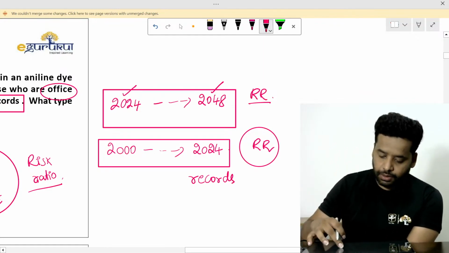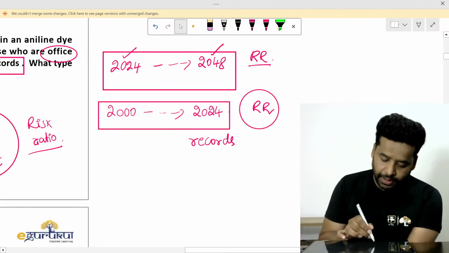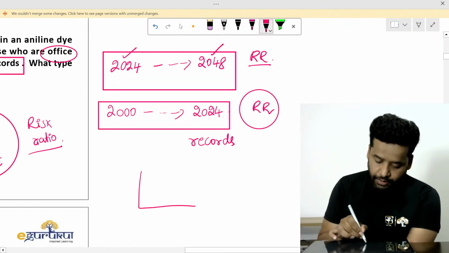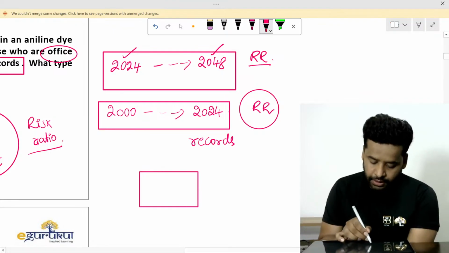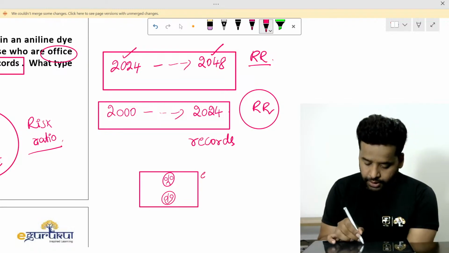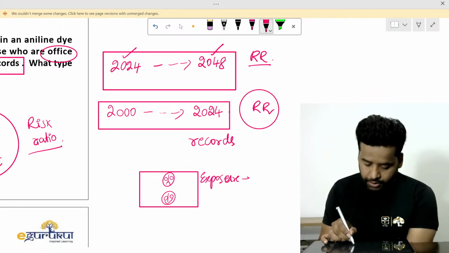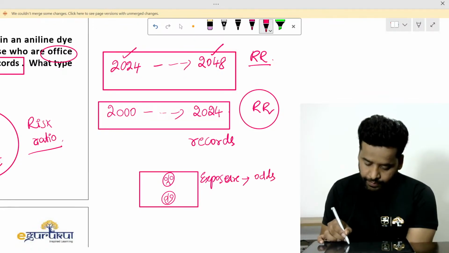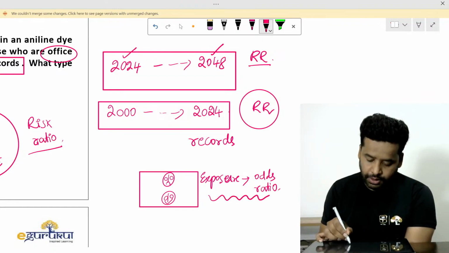But a case control study is totally different. You are comparing between two groups at a time. There is no follow-up as such. You take cases, you take controls, you check the exposure pattern, and you calculate the odds ratio. The words will be totally different. This study is a case control study.